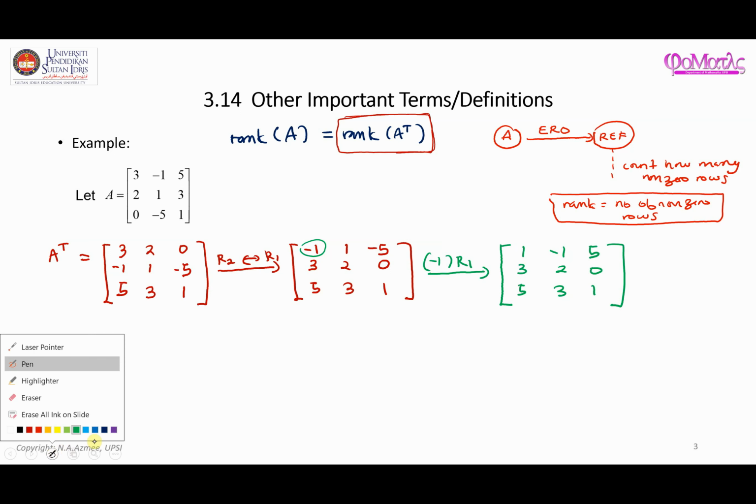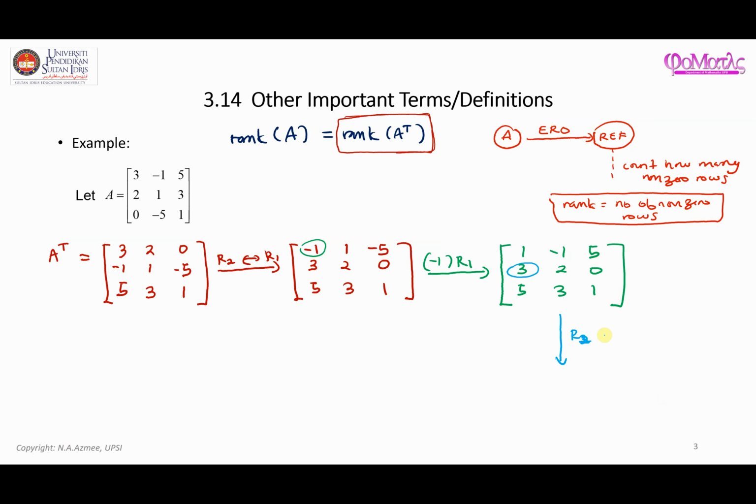Next, what I can do is I can turn this value to be equal to 0. So I'm going to consider R2 plus -3 R1. So here I will have 1, -1, 5. So 3 minus 3, 0. 2 plus 3 is 5. 0, -15.